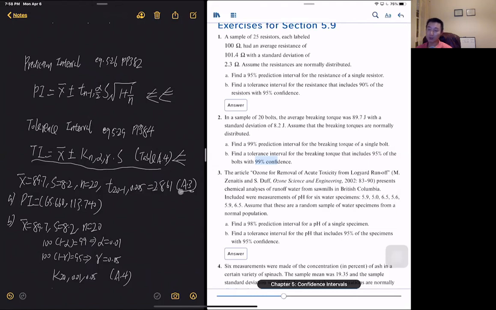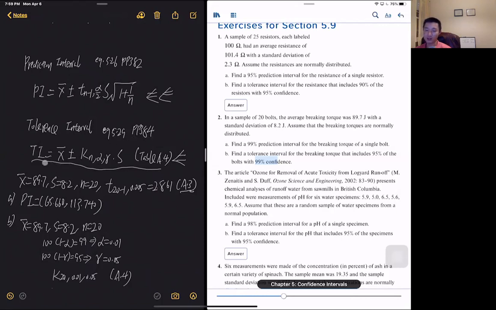Based on table 8.3, we get a t-value of 2.861. Plugging into this prediction interval equation, we get a range for that. So that's part A.